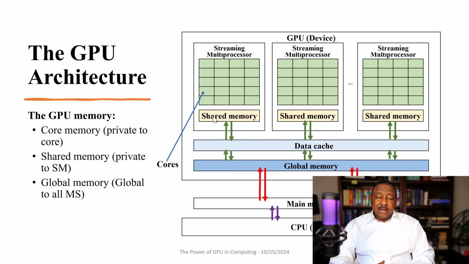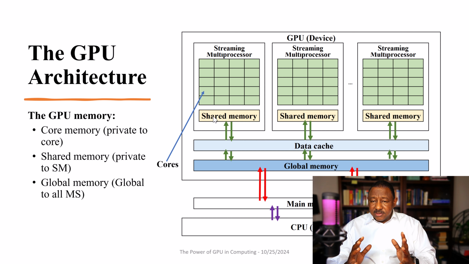The GPU consists of different cores or different processors, and these can be divided into blocks. These blocks we call streaming multiprocessors, and they share the same memory. There may be multiple multiprocessors depending on the architecture of the GPU, because there are many kinds of GPUs.